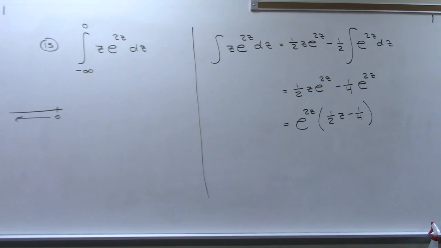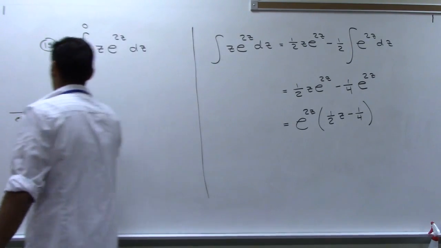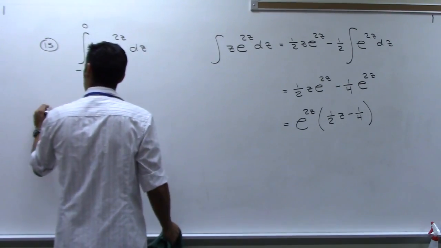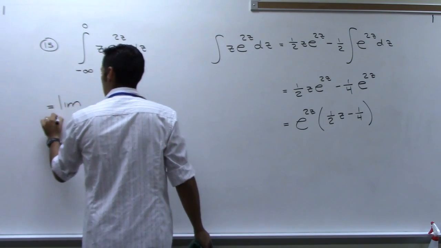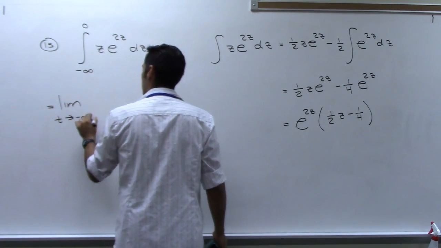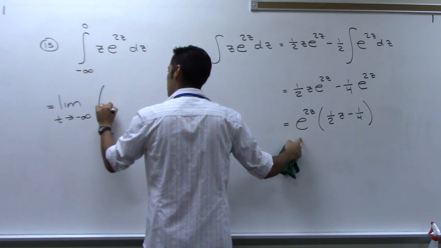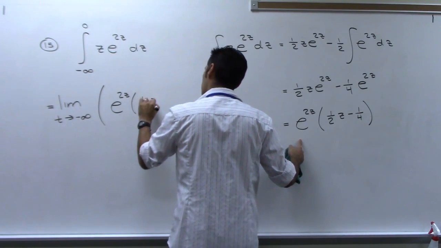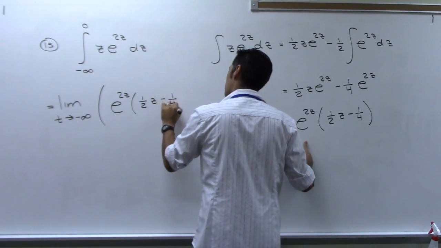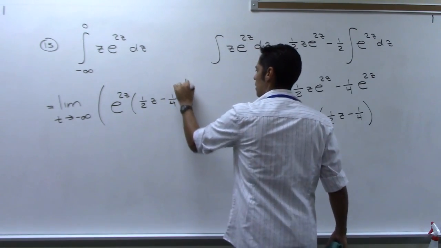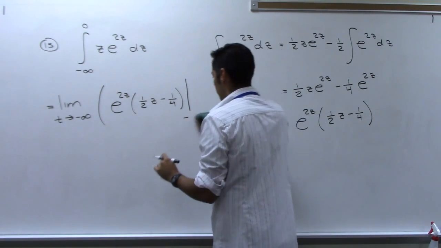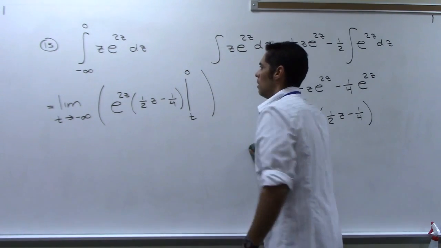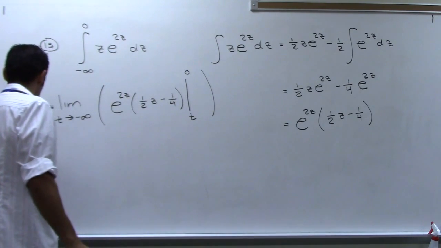All right, I think that's good. So back here, this will be equal to the limit as t approaches negative infinity of this antiderivative, e to the 2z times 1/2 z minus 1/4, evaluated from t, not negative infinity, that's my t, up to 0. Now I'll plug in the two values.